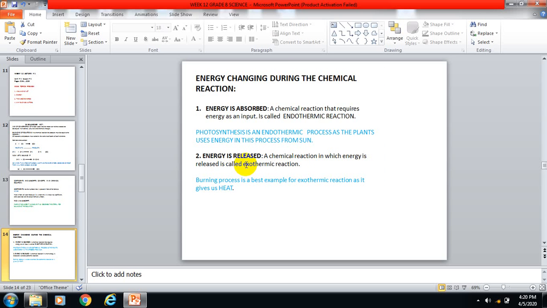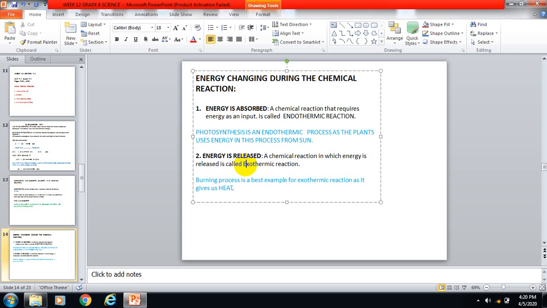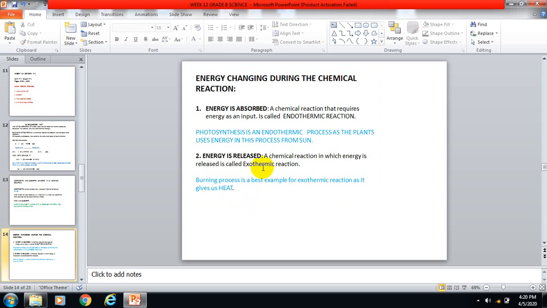They release energy. The burning process is the best example of an exothermic reaction, as it gives us heat. So an easy topic.